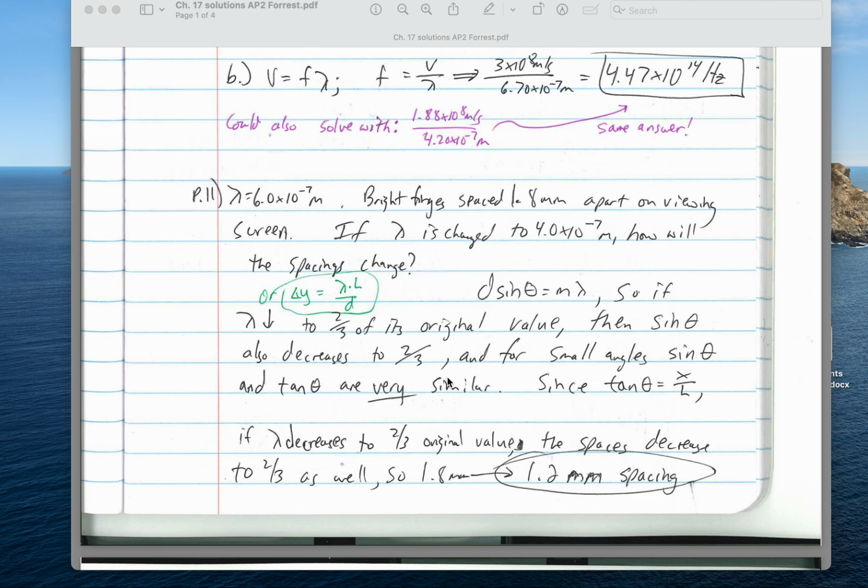For small angles, sine theta and tan theta are very similar. So if we have 1.8 millimeters, then that would go to 1.2. That kind of uses a version of the formula here. I don't think the AP would ask a question quite like this. They would probably ask how it would change. They may not ask for a numerical value.